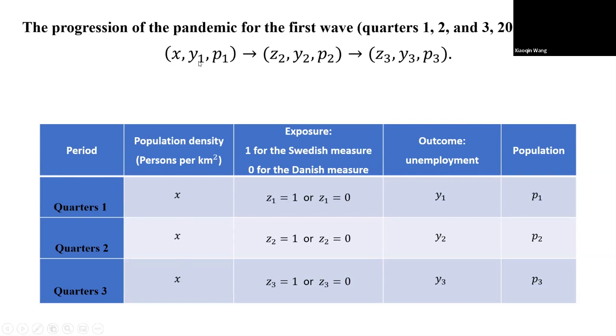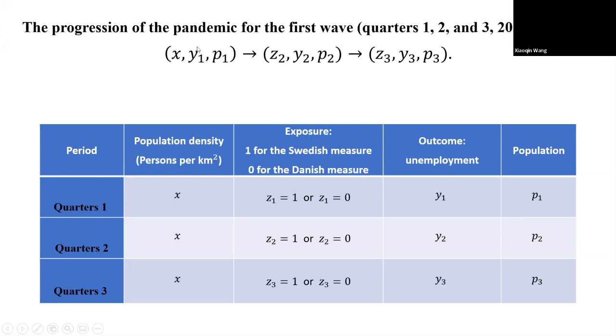That's X, and Y1 is the measure. I consider here only the Swedish measure compared with the Danish measure, because the Swedish measure is like the opposite of the Danish. Danish is more aggressive, and Swedish is very mild, and there's a big controversy between aggressive and mild measures during the first wave. And our outcome is unemployment.